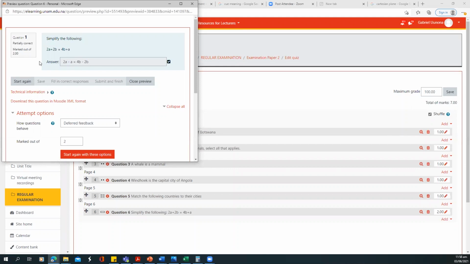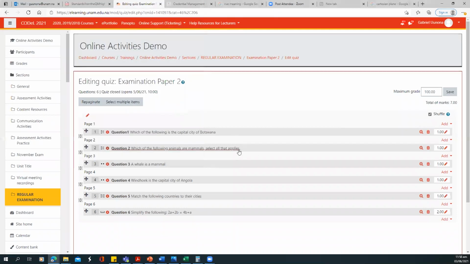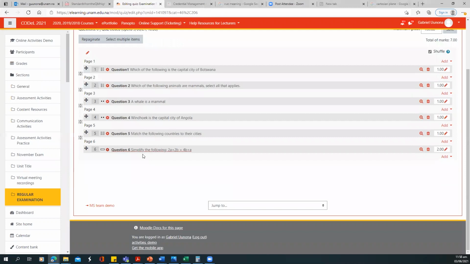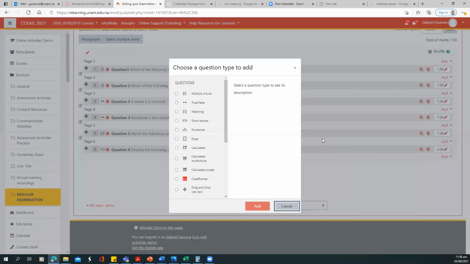Partially correct, marked out of 2. I think we have done justice to the short answer question with a number of scenarios. What is next?